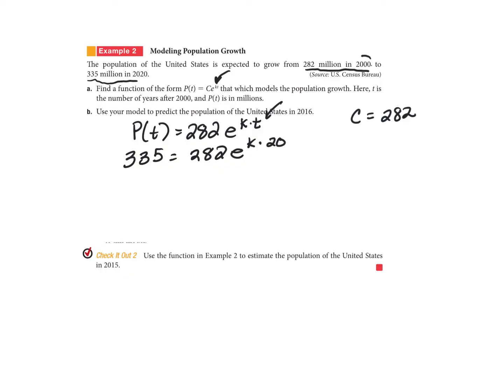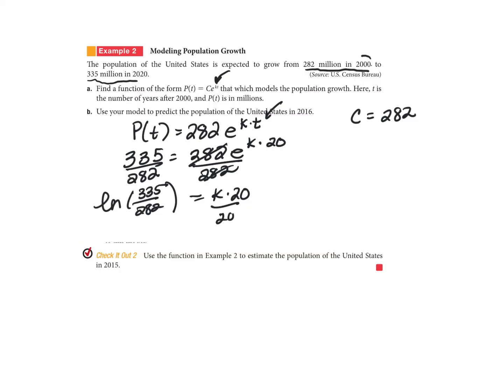So we're going to divide both sides by 282 first. And then we're going to take the natural log of both sides. That e will cancel when you take the inverse. That's why we took the natural log. And divide both sides by 20.